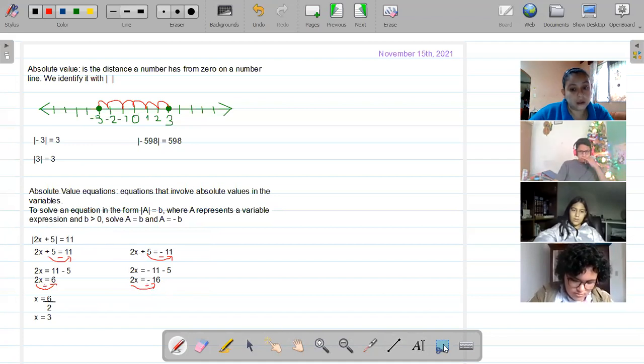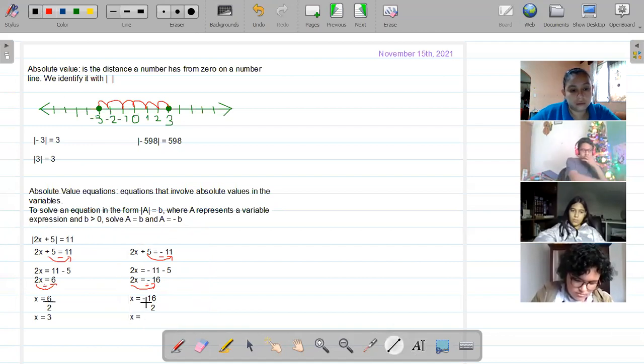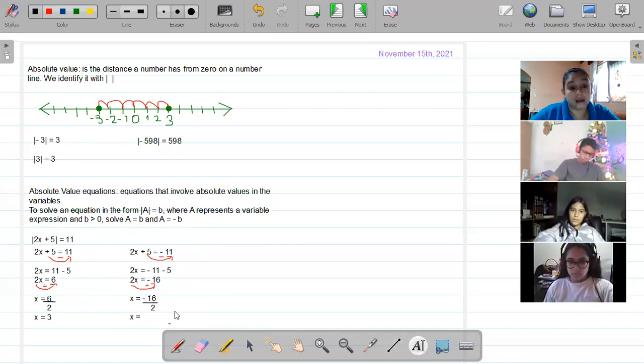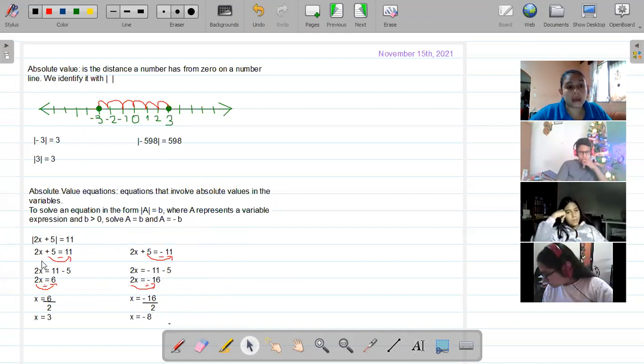So we're going to have that x is equal to negative 16 divided by 2. How much is negative 16 divided by 2? Negative 8, exactly. And that is the answer for this absolute value equation. Negative 8 and 3. You have 2 answers, okay?